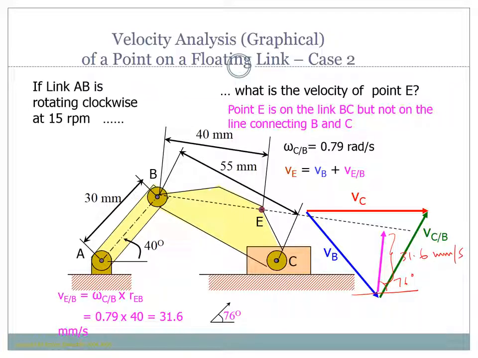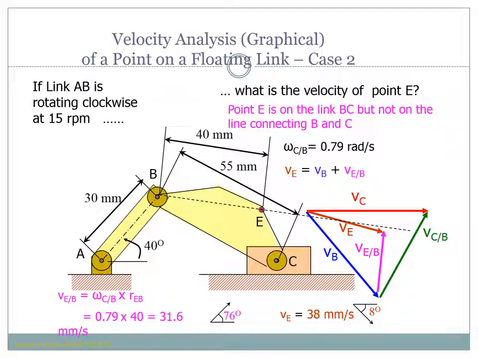So VE is equal to VB plus VEB. Then we draw the straight line here and measure it. By measurement, we got VE equal to 38 millimeter per second at 8 degrees to horizontal.